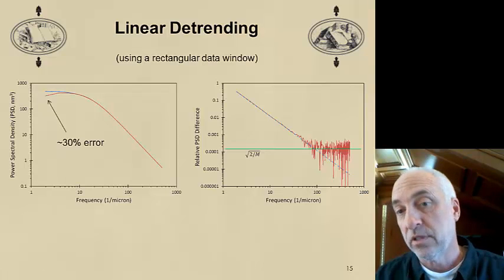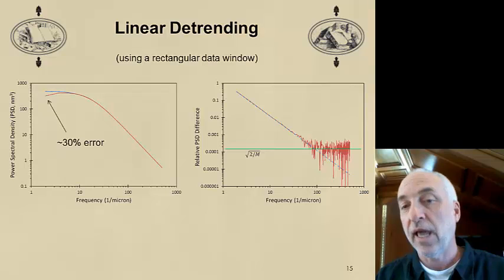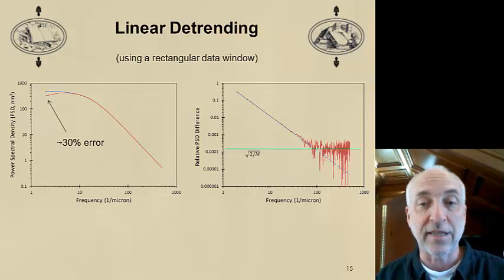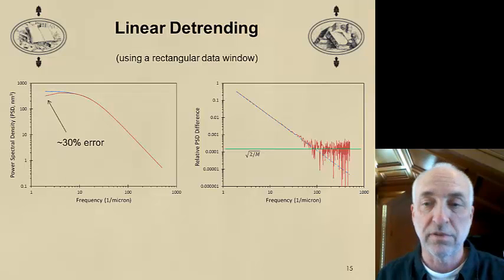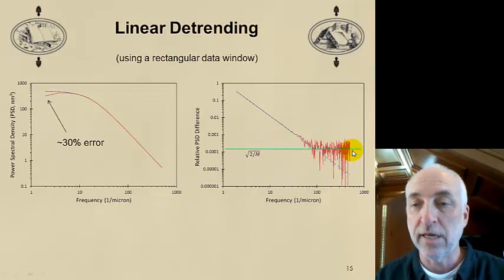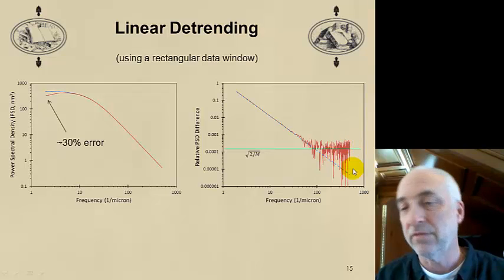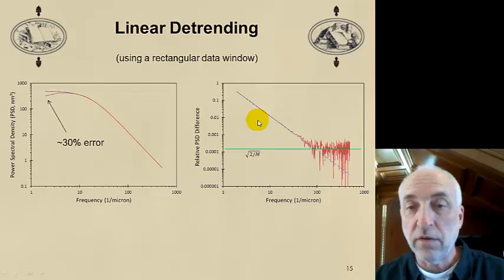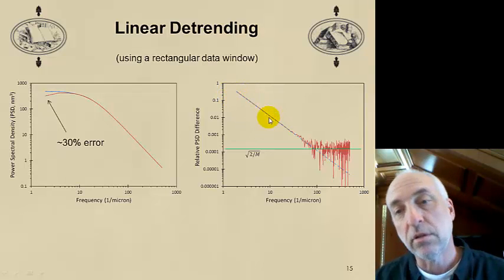But because m is 10 to the 8th, when I look at square root of 2 over 10 to the 8th, I find that there's a noise floor shown in the green line. And once I reach that level of noise, then I can't really see anything. But for errors larger than the noise floor, I see a perfectly linear trend on this graph.